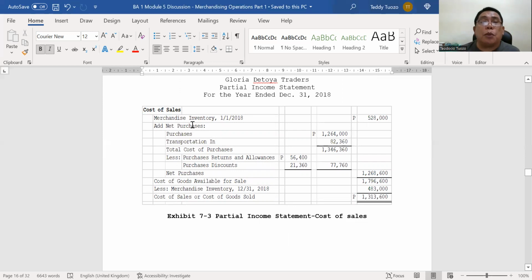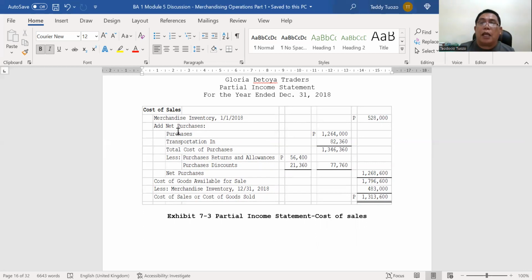So the new term would be merchandise inventory. Remember, there were three types of inventory, if we may recall from chapter 3. For trading and merchandising, the inventory is called merchandise inventory.